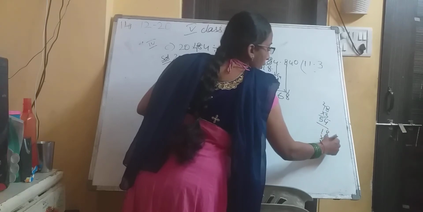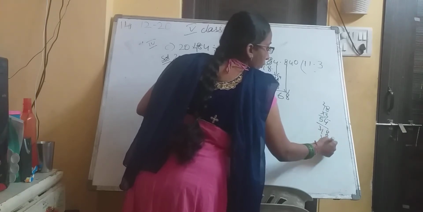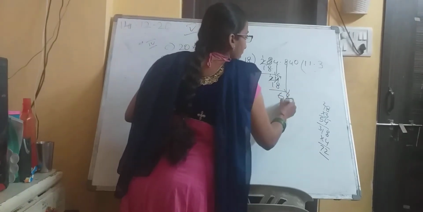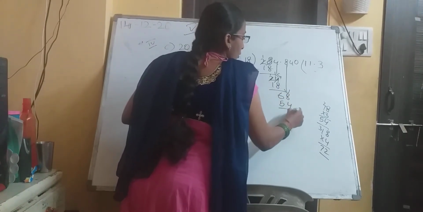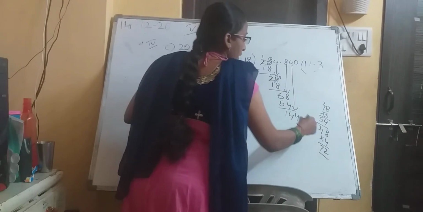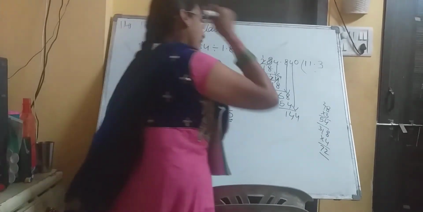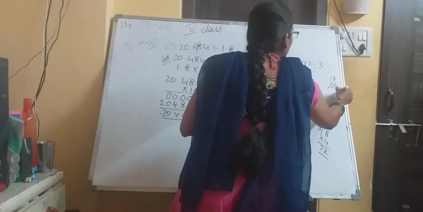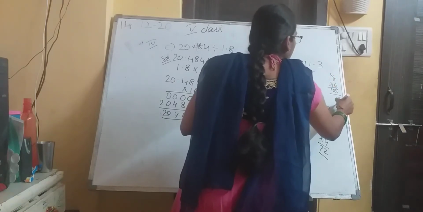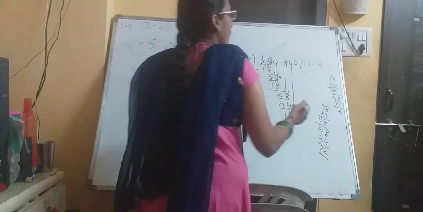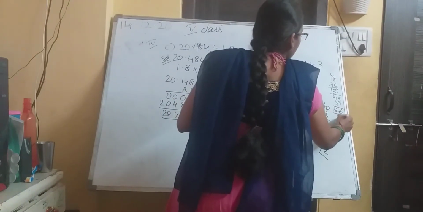18 into 4. 4 8s are 32. 4 ones are 4, 5, 6, 72. We can't take 72. So we'll take 18 threes are 54. 8 minus 4, 4. 6 minus 5, 1. Now next comes down 4. Now you see 18 5s are 90. 18 6s are 108. 18 7s are 126.